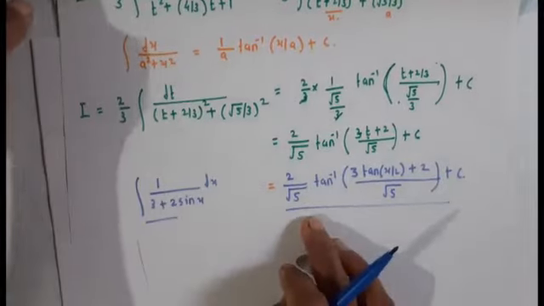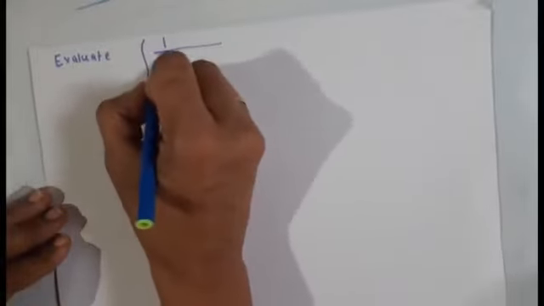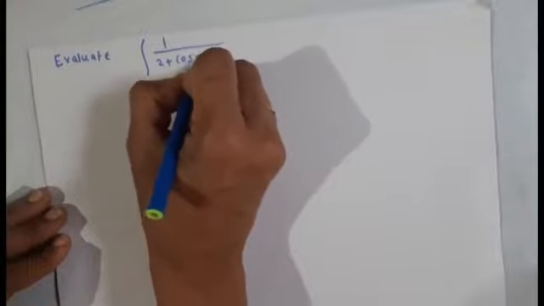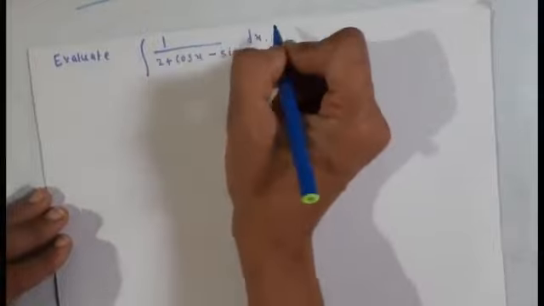Okay students, now let us solve another example. Evaluate the integration of 1 upon 2 plus cos x minus sin x with respect to x.